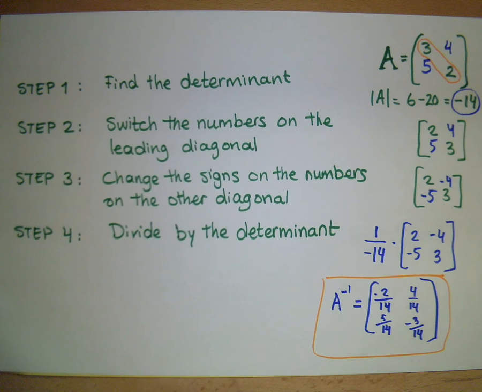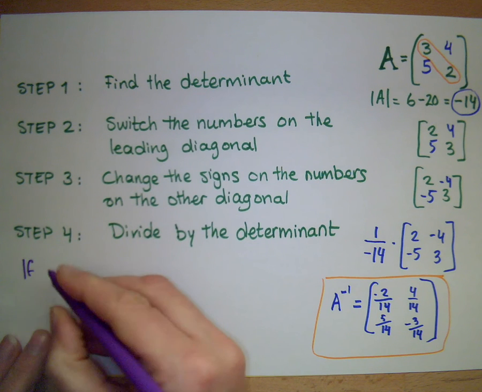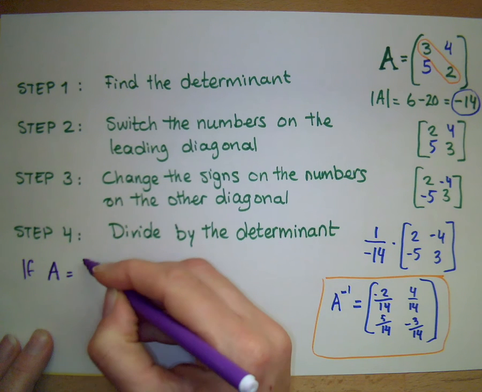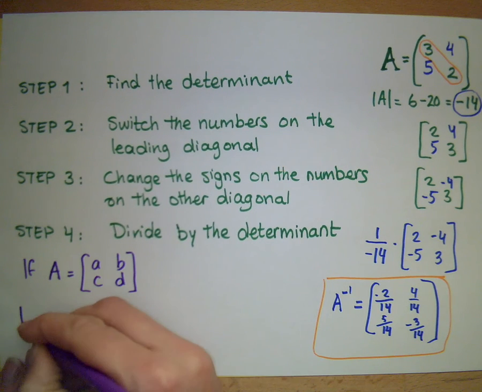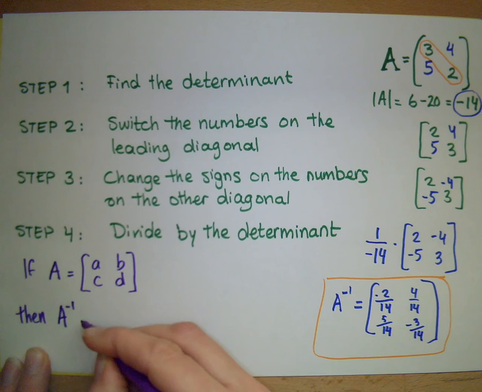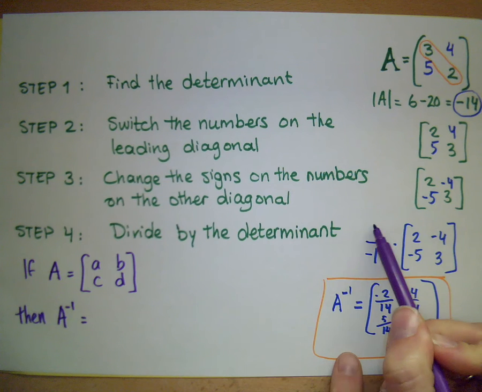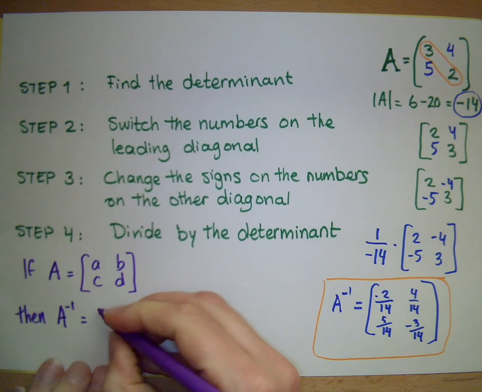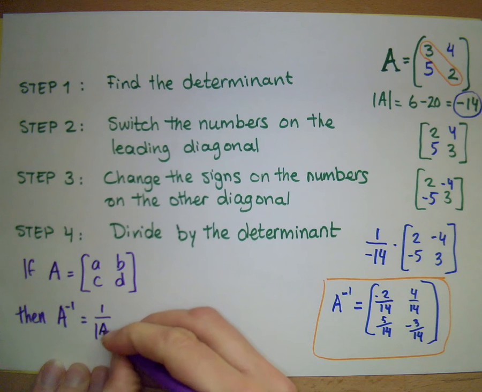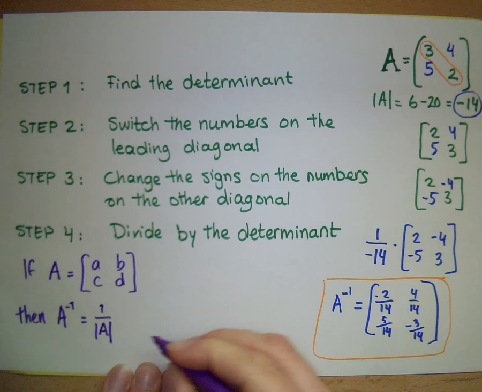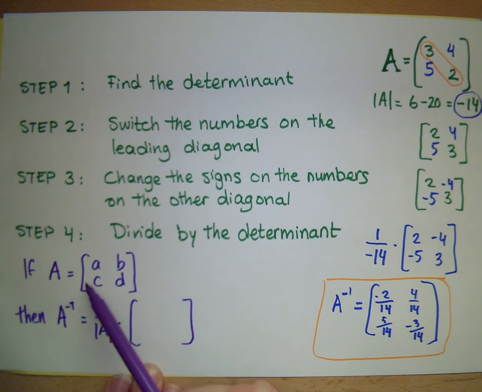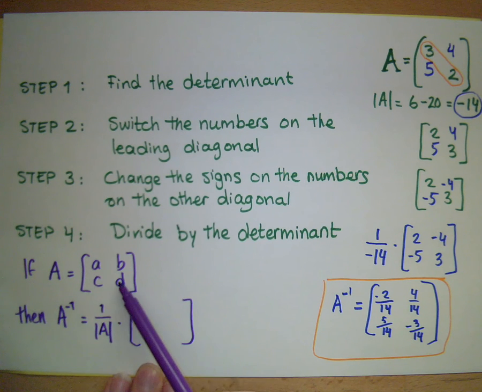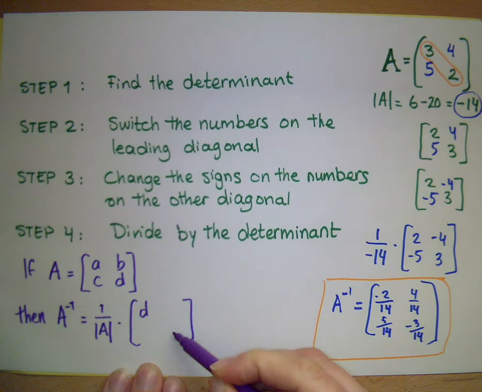This would be our inverse. If we want to write that as a formula, if matrix A is A, B, C, D, then the inverse of A equals 1 divided by the determinant of A, times this matrix with D here and A here.